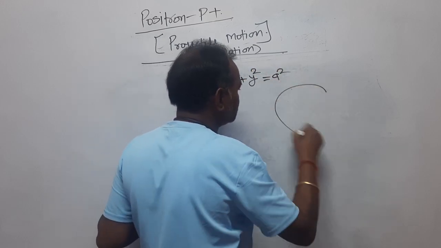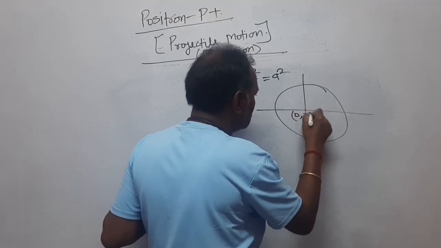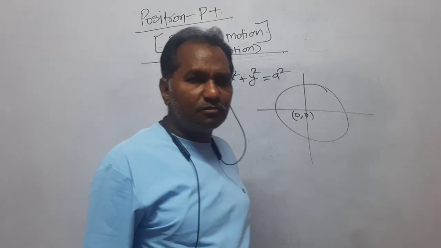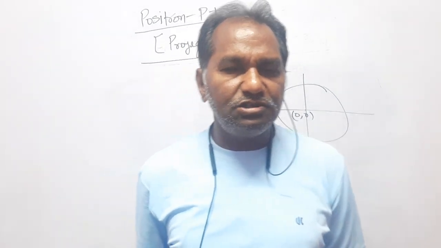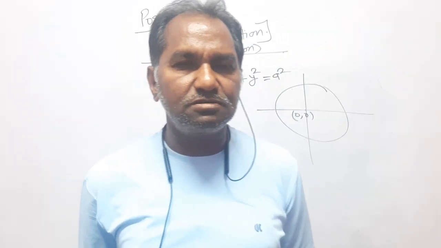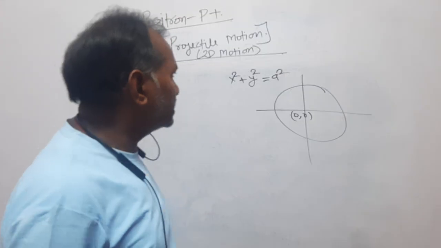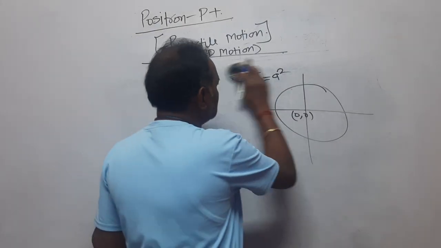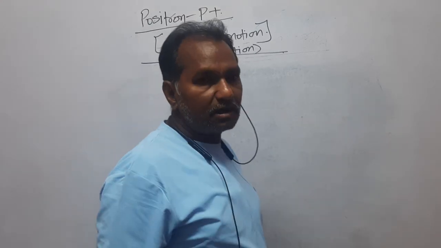This is the equation of a circle with center (0, 0), right? Another equation is x square plus y square plus 2gx plus 2fy plus c equals 0. In that case, the center would be (minus g, minus f), and the radius would be under root g square plus f square minus c. So these are the ways you represent a straight line and circle, right?